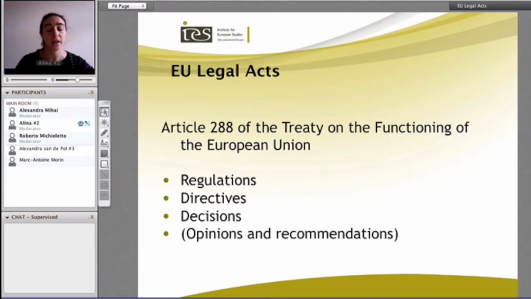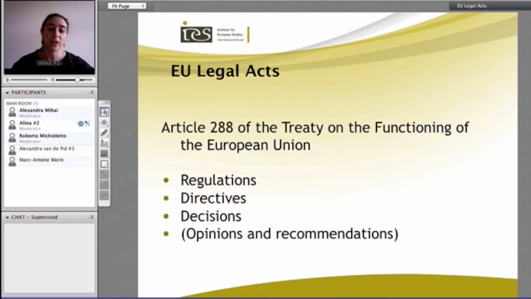the European Union. Then we also have the so-called directives, and the directives are addressed to the member state. And the difference between directives and regulations is that the directives are binding upon the member state, but the member state has some kind of discretion as to how they actually put this into practice.